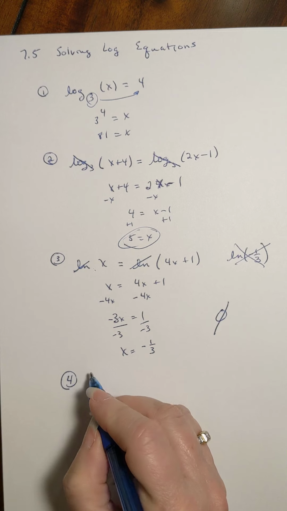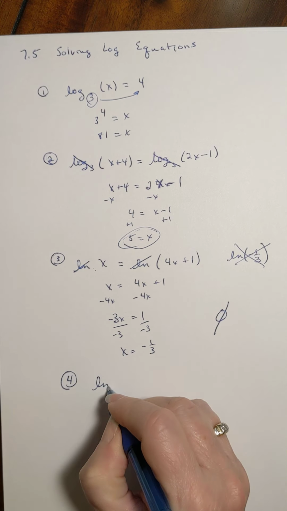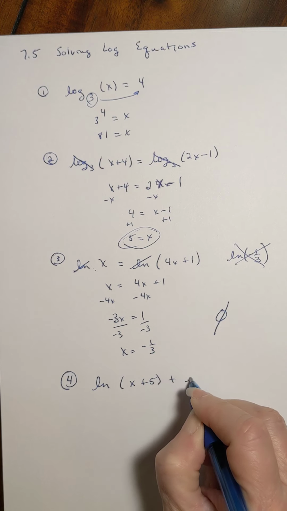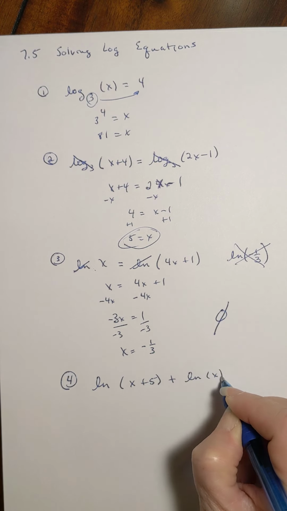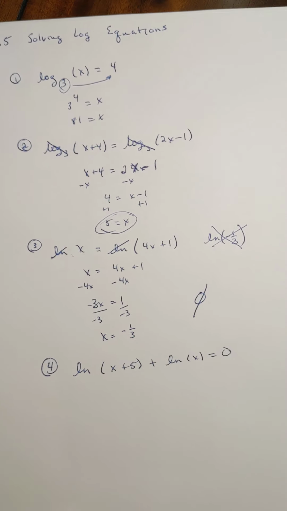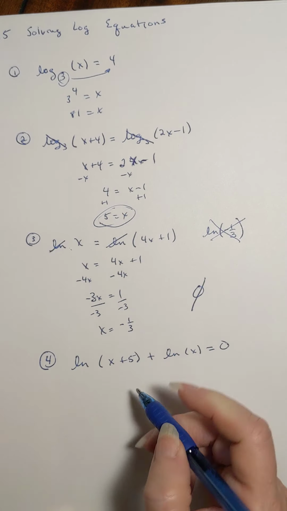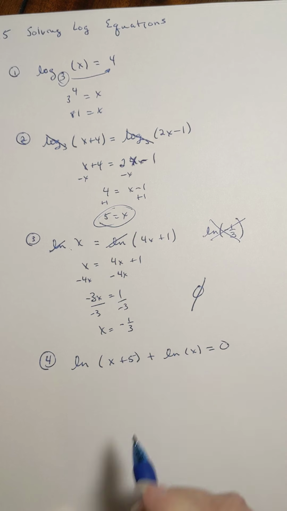Also, if we have something that looks like this, the natural log of x plus 5 plus the natural log of x is equal to 0. All right, so these are the ones where it's starting to get a little bit more difficult, because first we have to write the logs together.